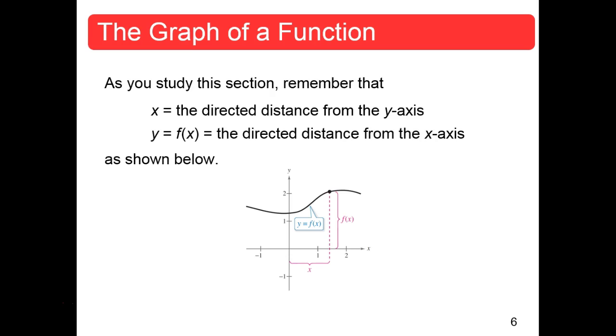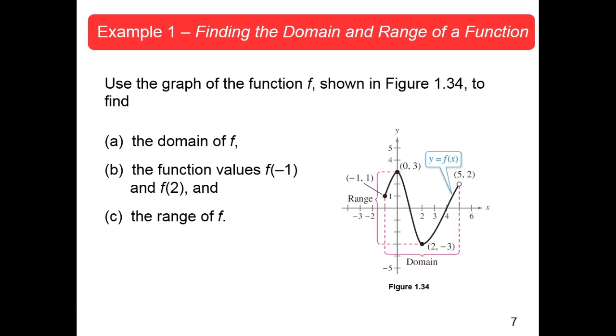When x happens to be this value right here, I don't know what that is, 1.2 or something like that, then your y value is right here. f of 1.2 would be somewhere here, maybe 2.1 or something like that. Whatever it happens to be, that's how you read this. When you plug in an x down here, go up to the graph or down to the graph, wherever it is, and then go across to the y-axis in whichever direction, and that's your y value. (x, y) plots. Only now it's (x, f(x)). Make sense? Stuff you've done before, you're just giving it a new name. f(x) is y.